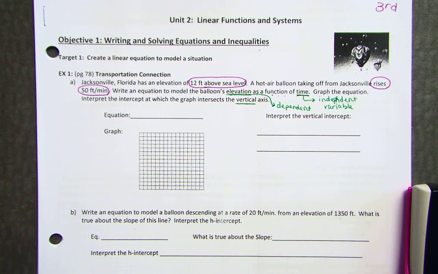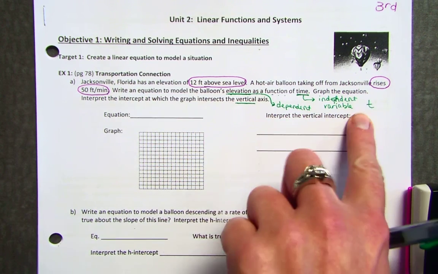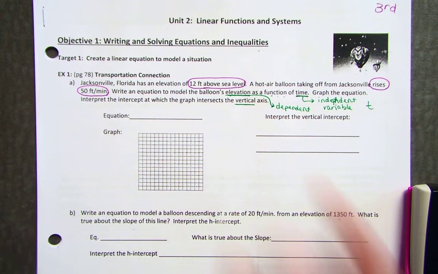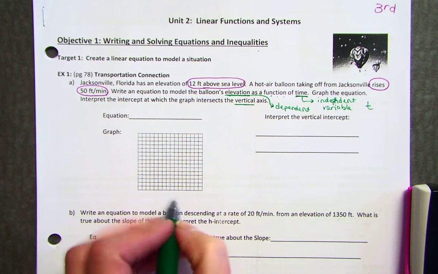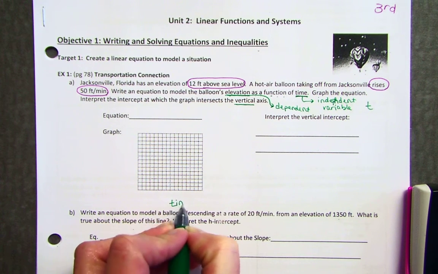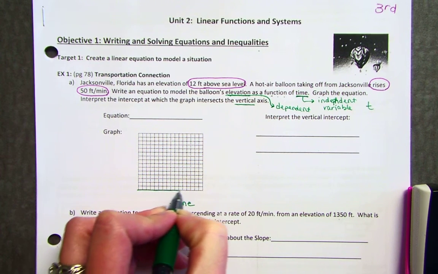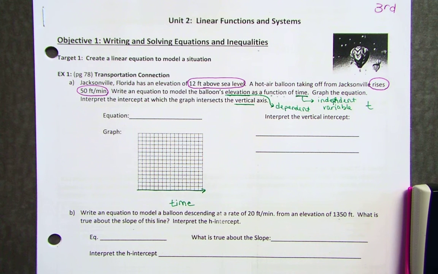This is helpful to know. If I know that time is my independent, I know I'm going to be graphing and writing an equation and then interpreting. That independent variable, remember, that's what can stand on its own, and when you stand on your own, you stand on the ground. That means I'm going to graph time on the ground part of my graph.